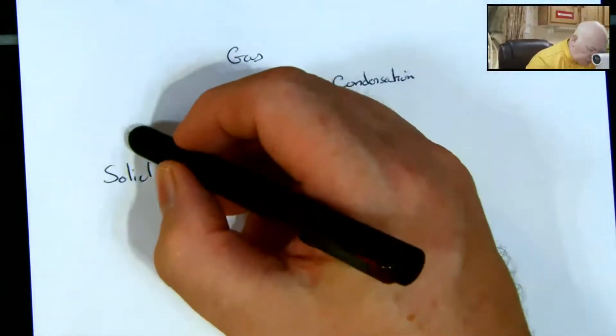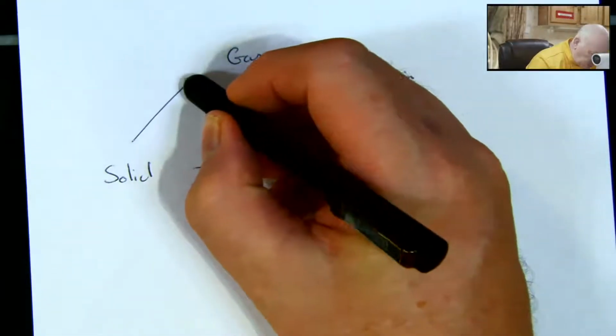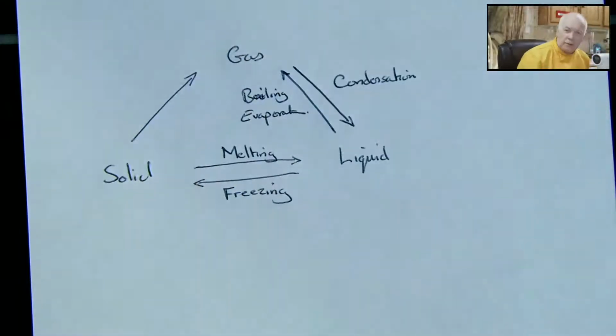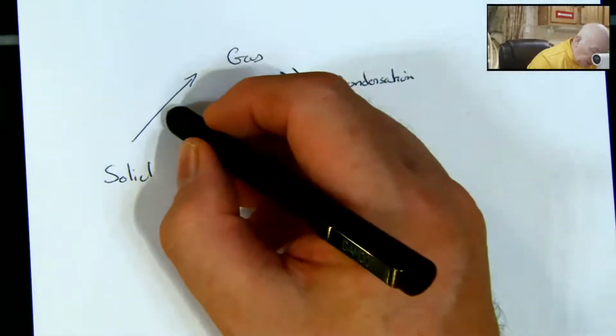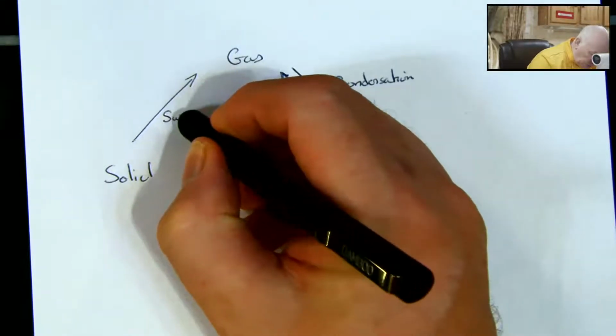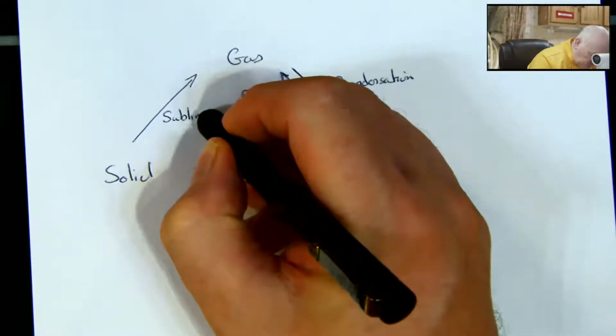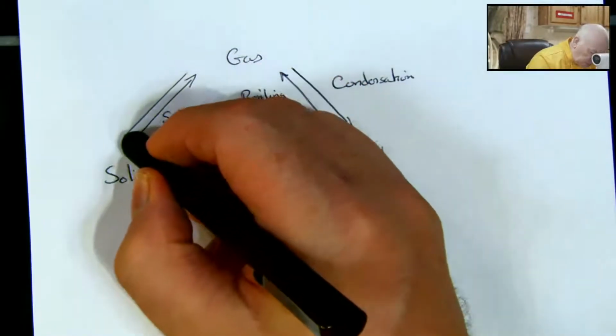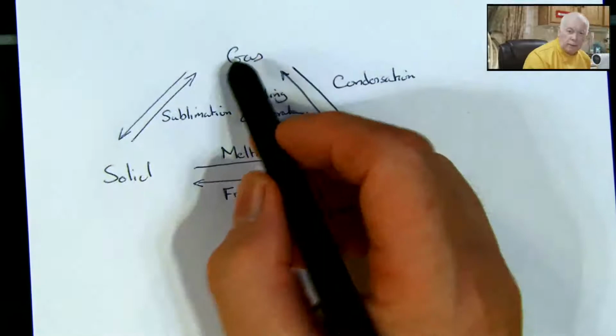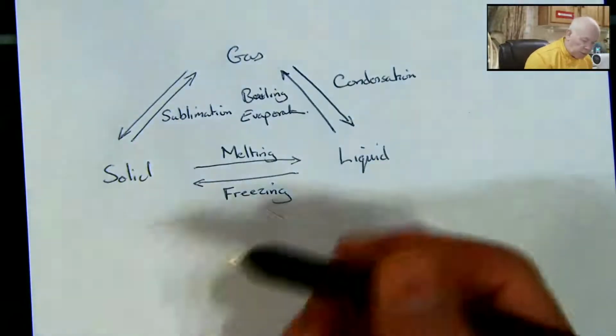Few substances go from a solid to a gas in one go. Carbon dioxide's one of them, iodine's another one, and we call this sublimation. And the final one, where gas just goes to a solid.